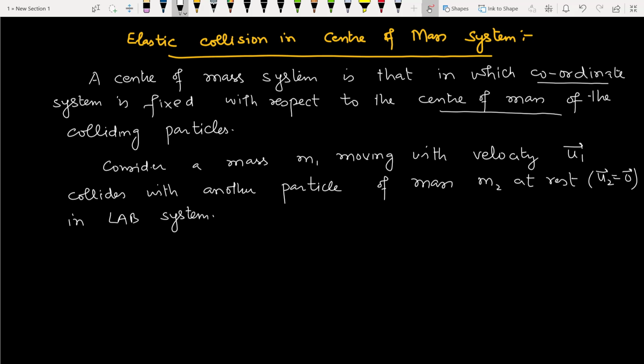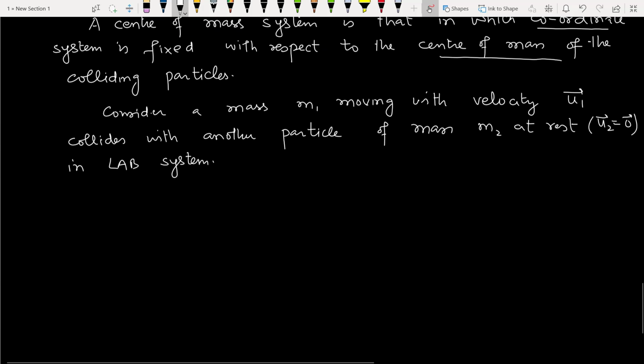So now firstly we convert the same system to center of mass system and study the same collision in center of mass system.